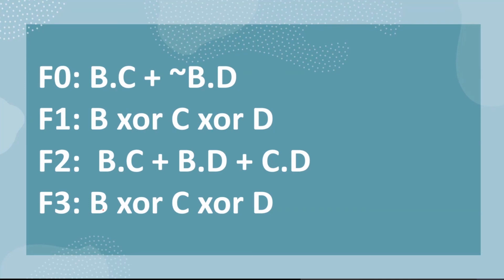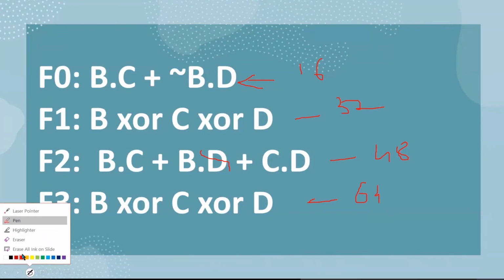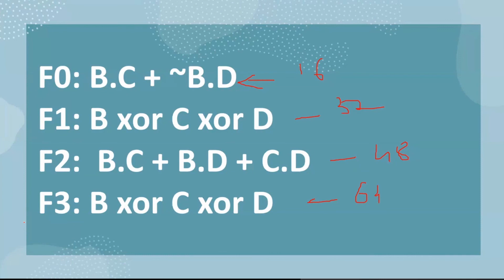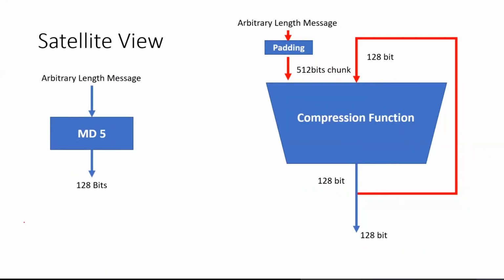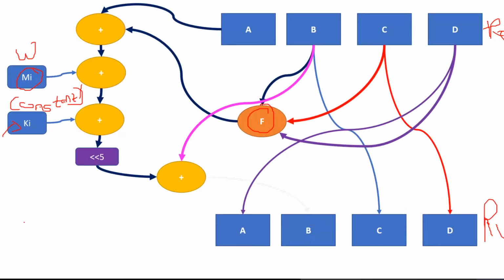There were 4 stages: first 16 rounds, second 16 rounds, third 16 rounds, and fourth 16 rounds. Depending on which stage you are in right now, the function changes.